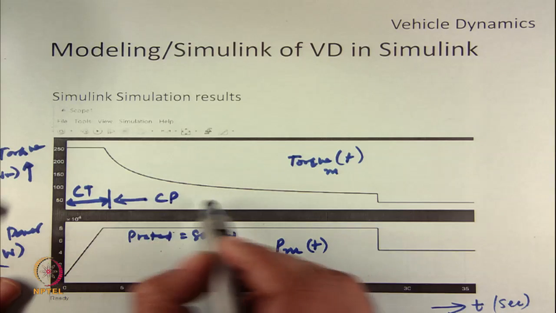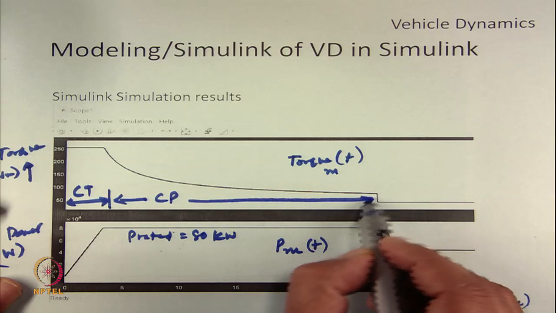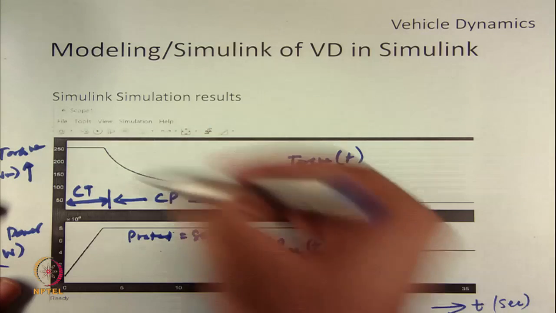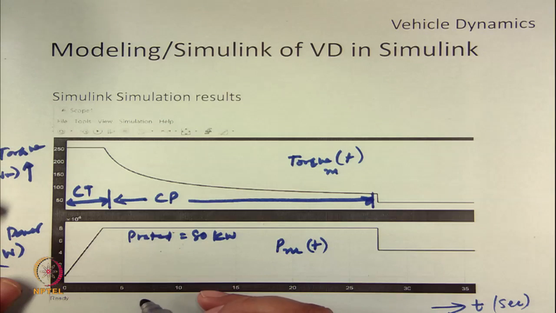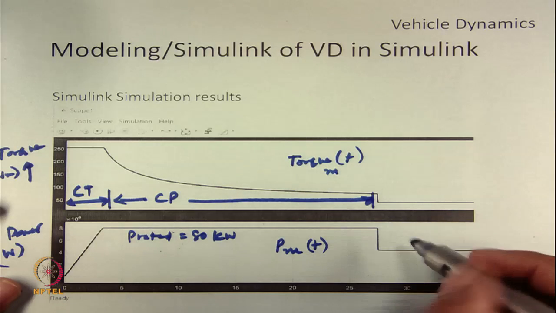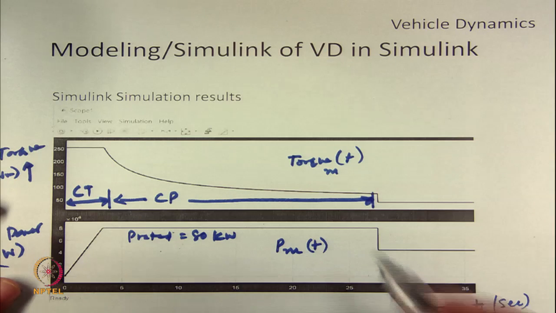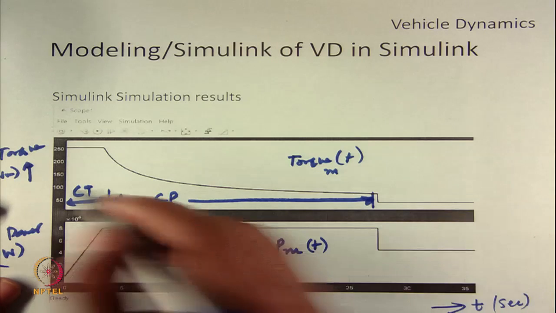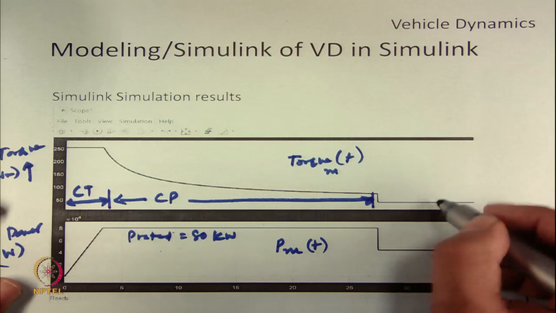In this region the torque droops as a function of speed, and when we reach the V max, torque will be reduced only to support losses.